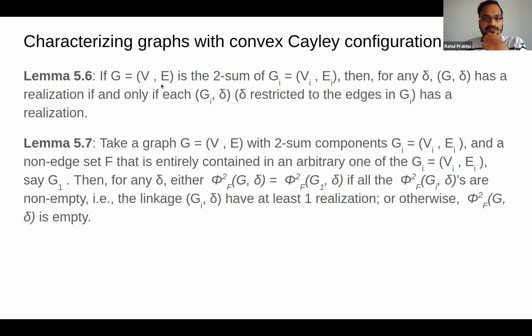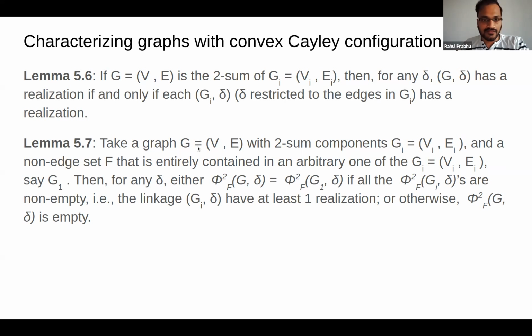If you take a graph G, and G is the two-sum of a whole bunch of GIs, then for any edge length assignment delta, G delta has a realization only if each of the two-sums has a realization. I don't think this should be very hard to see. Intuitively it makes sense that each of the two-sums should have a realization.